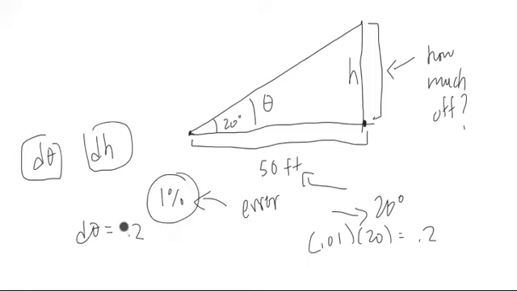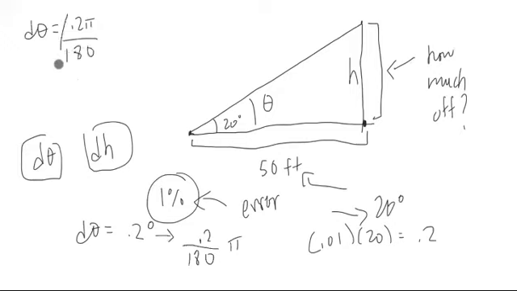So this is 0.2 degrees, but now we need to change it to radians. 0.2 is that fraction of 180, so that's the fraction of pi we need. So d theta will be equal to 0.2 pi over 180. I'm just going to leave it like that, without rounding or approximating. That's what d theta is, and it's in radians.